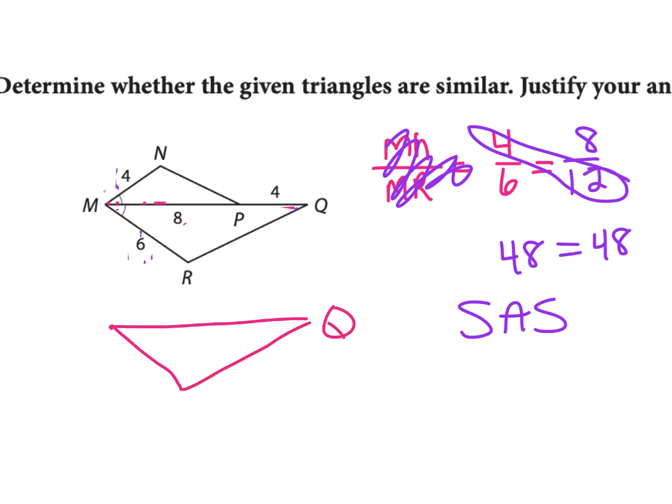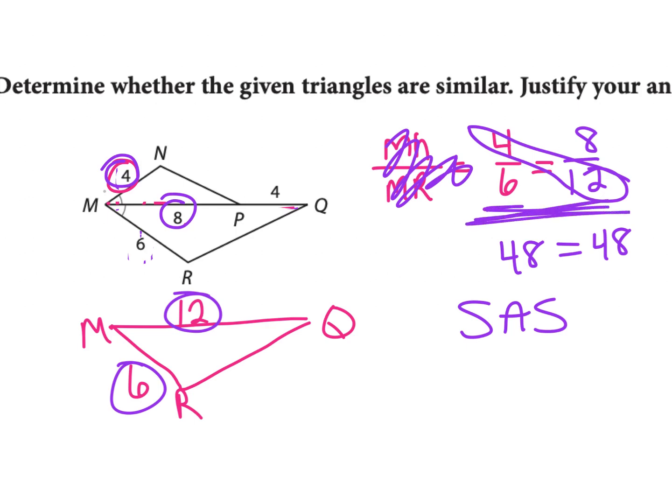I have Q, M, R, this is 6, and this is 12. So this side is to this side as this side would be to this. And those ratios match. They're equal. And then I have the angle in between them. Okay, that's for the side, angle, side.